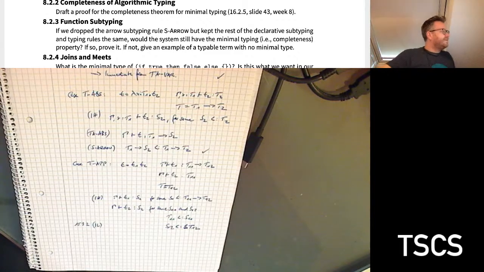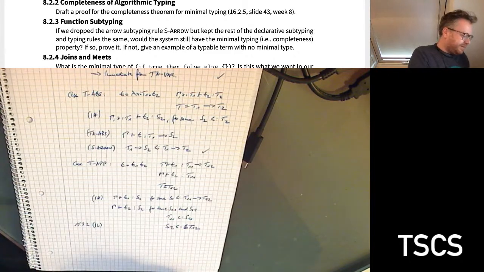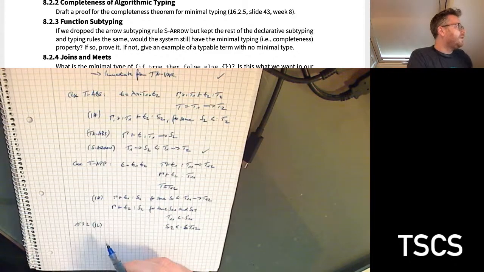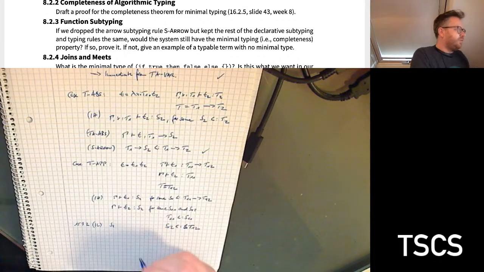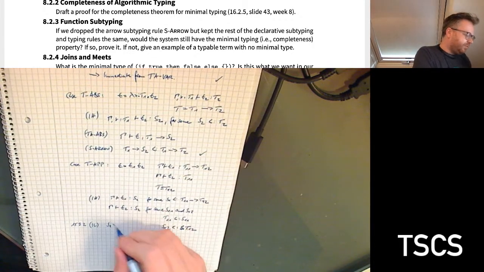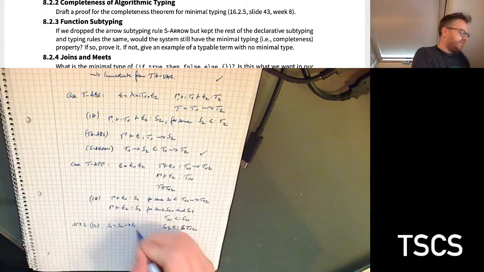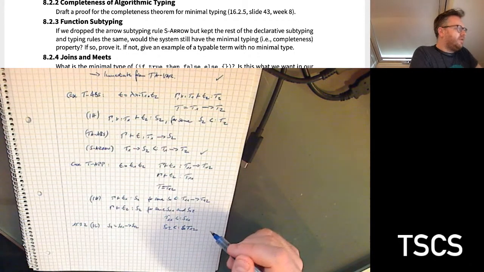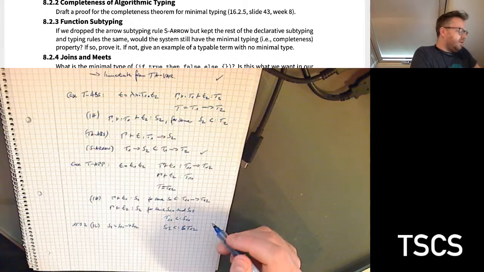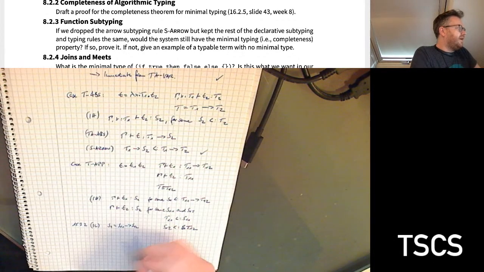Sorry. Good. So the inversion lemma for the subtyping relationship gives us that s1 must have the form of s11 to s12, for some s12, s11.